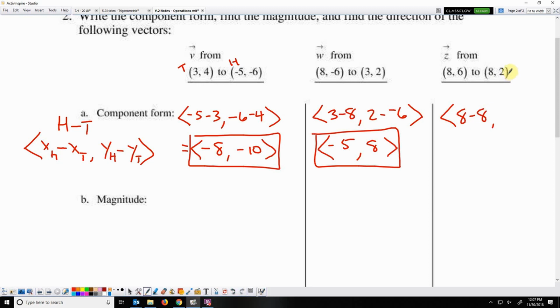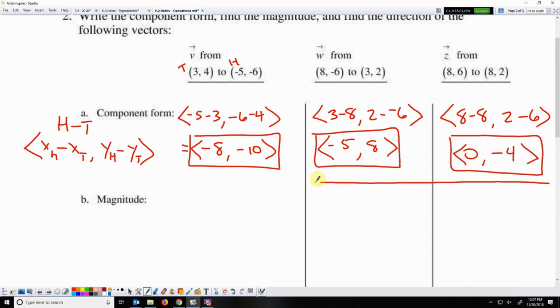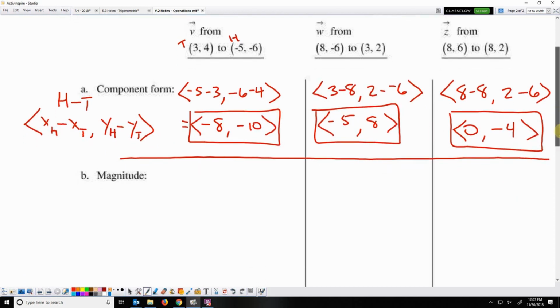And the y component, head minus tail, is 2 minus 6. So that's 0, -4. Okay? So there's all three of those in component form.